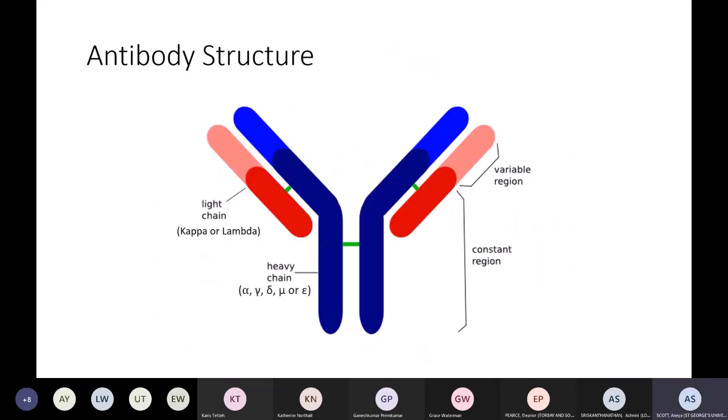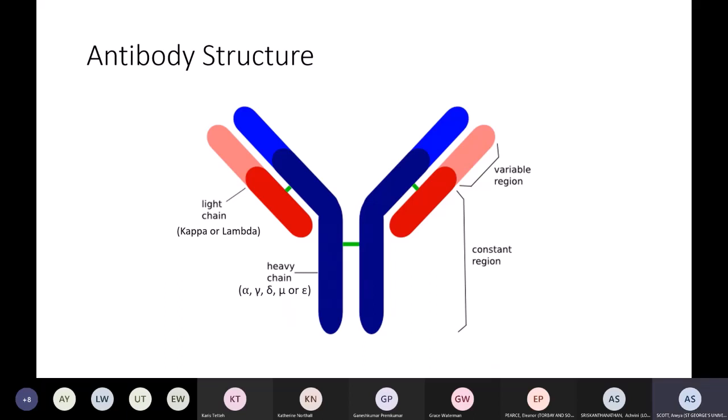And then you need to know a little bit about antibodies. The structure of antibodies is that you have this heavy chain, and at the top you have your light chain. Your light chains are always either kappa or lambda. Your heavy chains can be one of five: alpha, gamma, delta, mu, or epsilon.